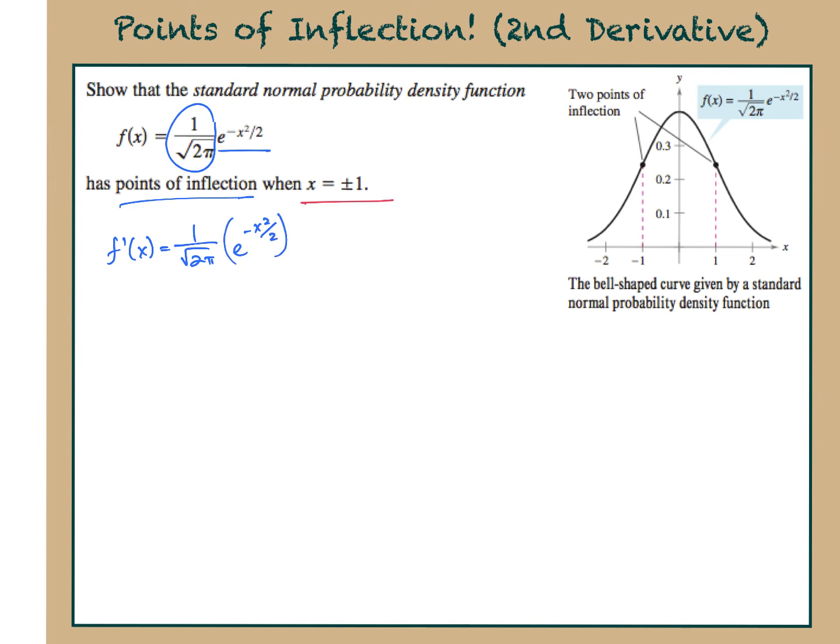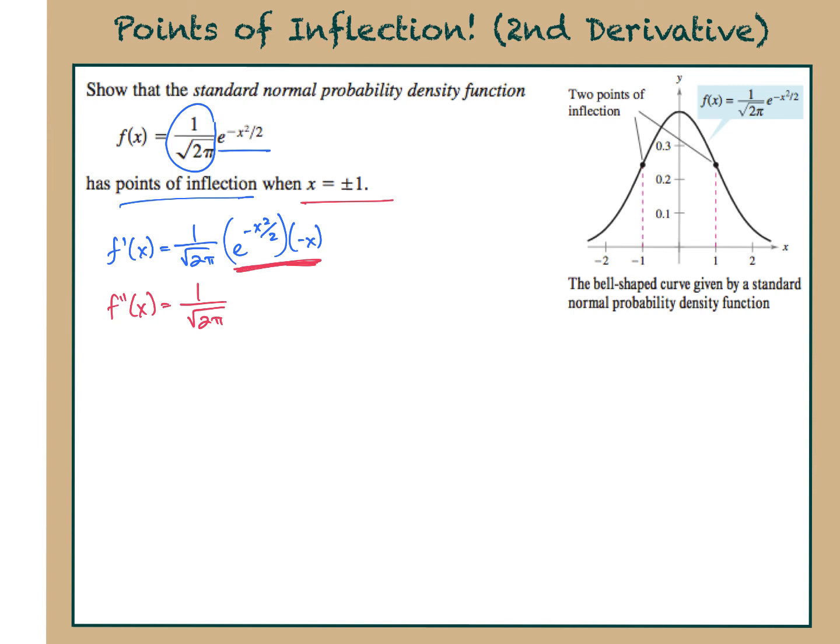However, what pops out by the chain rule? A negative x. All right, a negative x pops out. And then I need to take a what? A second derivative. And again, this 1 over square root 2 pi thing just stays out front. And then what rule's happening with this part?